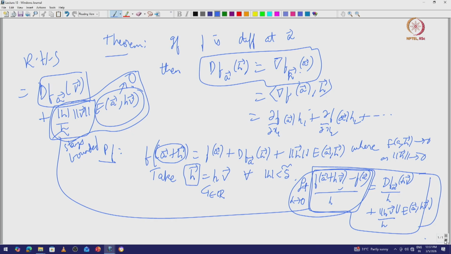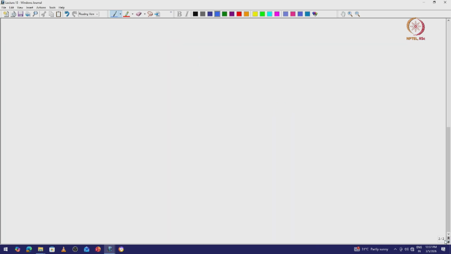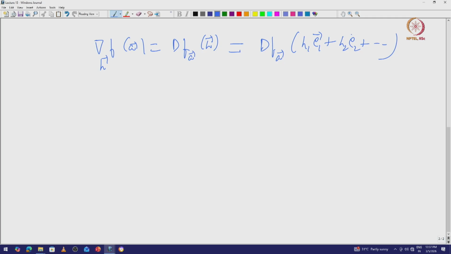The point is, because we know that this is a linear map, it's h1 e1 plus h2 e2, etc. Maybe I'll put a vector sign just to emphasize this. So by linearity, we get this.